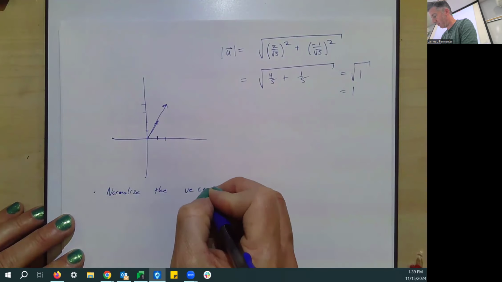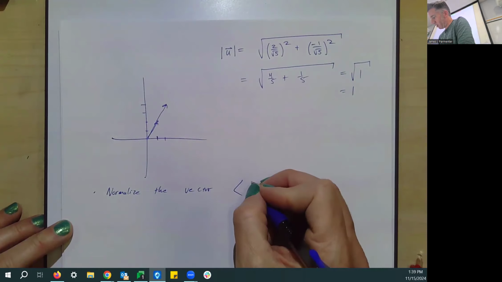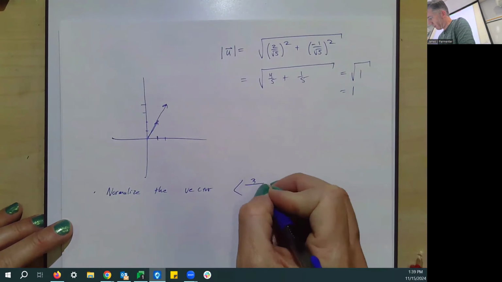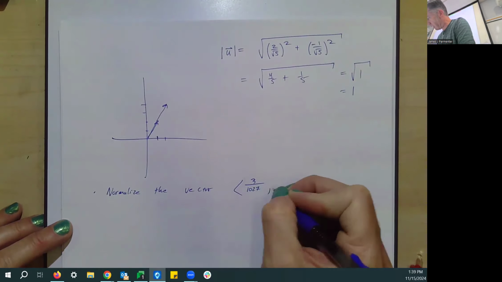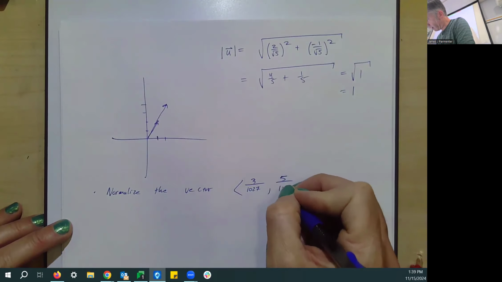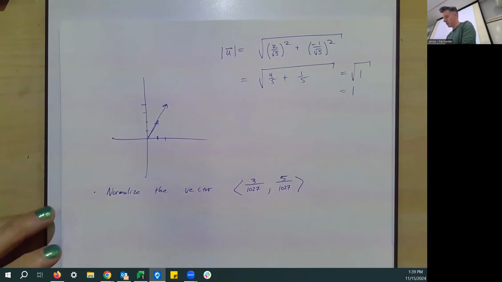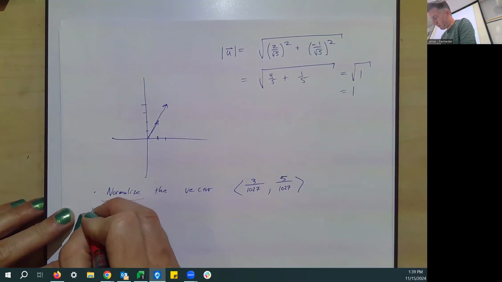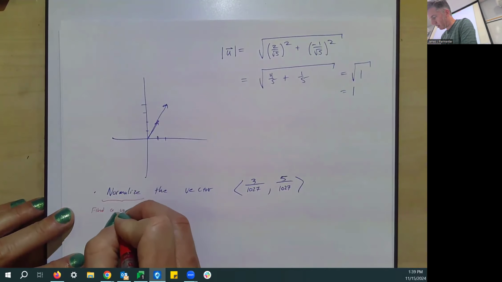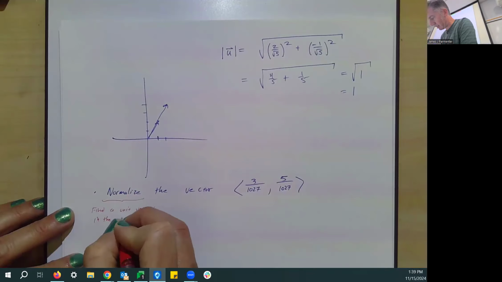I'm going to pick something awful: the vector 3 over 1027, comma, 5 over 1027. And again, normalize just means find a unit vector in the same direction as.